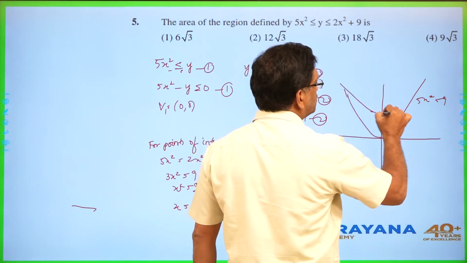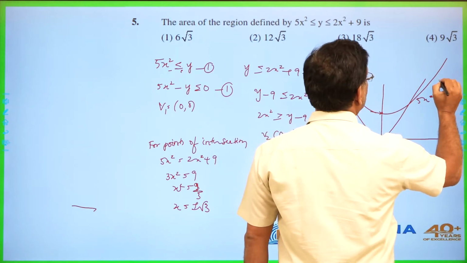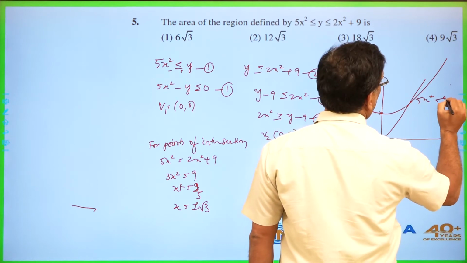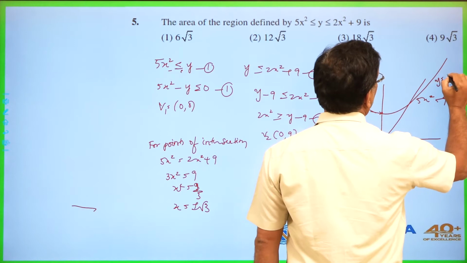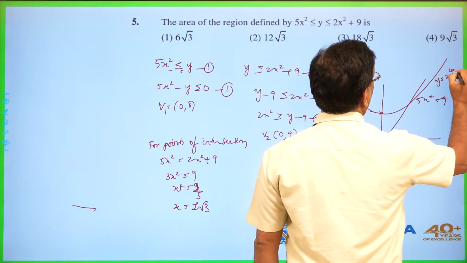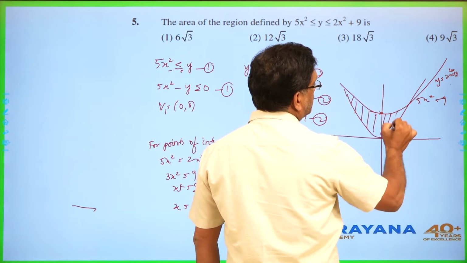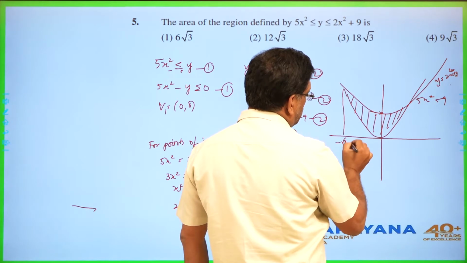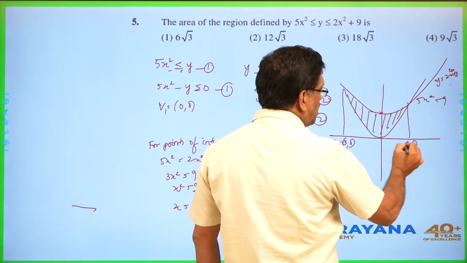And this is the other one. This is the 5x square equal to y curve, whereas this is y equal to 2x square plus 9. He is asking for this area. Now please remember, this is (minus root 3, 0) and it is (root 3, 0).